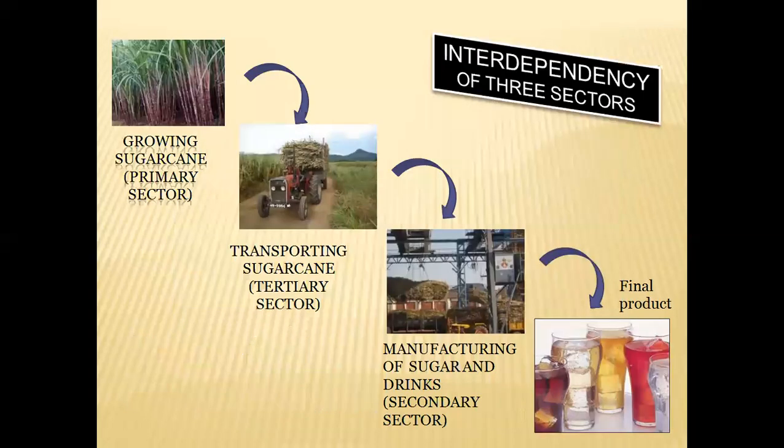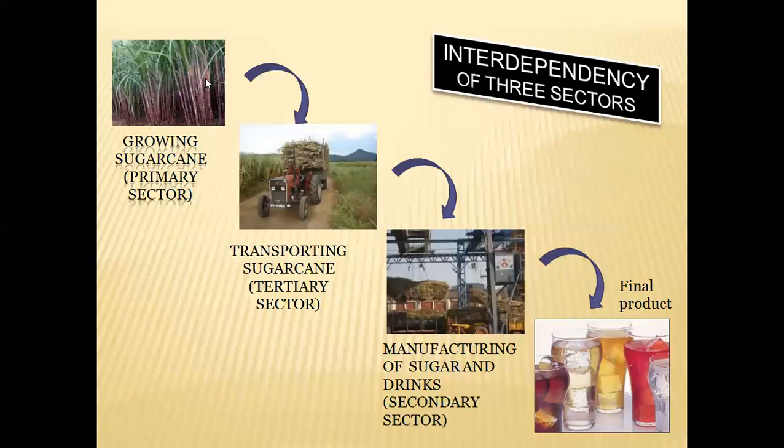Now, interdependence of these three sectors, just for your knowledge. Primary sector means growing crops, agriculture, fishing, mining. If we take the example of sugarcane industry, if we are growing sugarcane, it is primary sector.